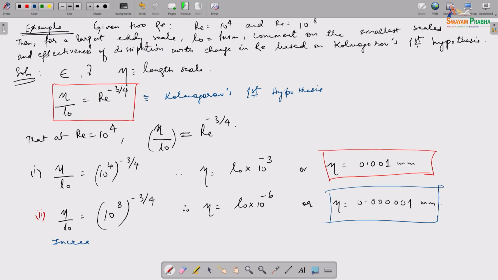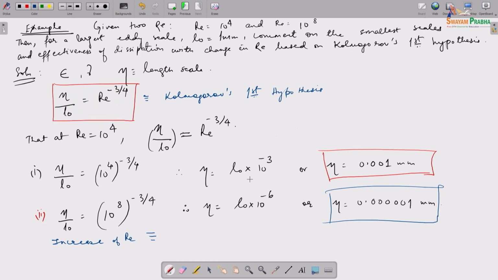So what does this correspond to? Increase of Re, what does this correspond to? This results in the size of the smallest eddies decreasing, right? The size of the smallest eddies is 10 to the minus 6 as the Reynolds number has increased, compared to 10 to the minus 3.